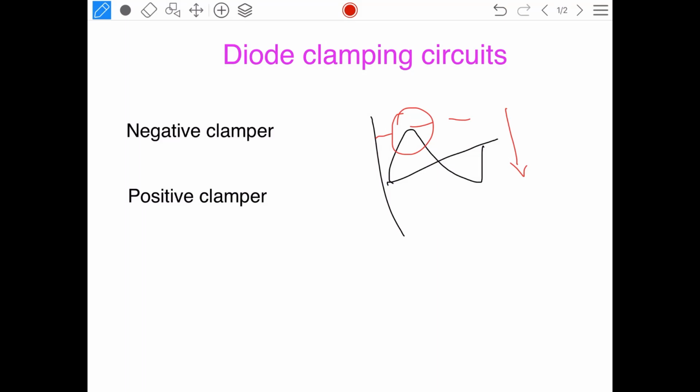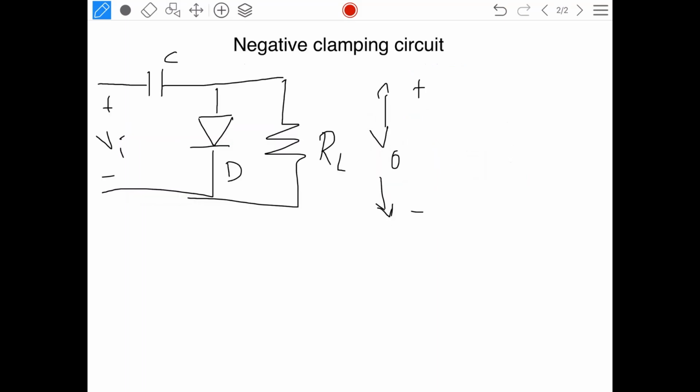For a better understanding, let us take one example. I am taking an example of a negative clamping circuit. I have written a simple negative clamping circuit here, where I am applying a sinusoidal waveform at the input. I am calling the sinusoidal waveform Vi. The clamping circuit has a capacitance and a diode in the network.